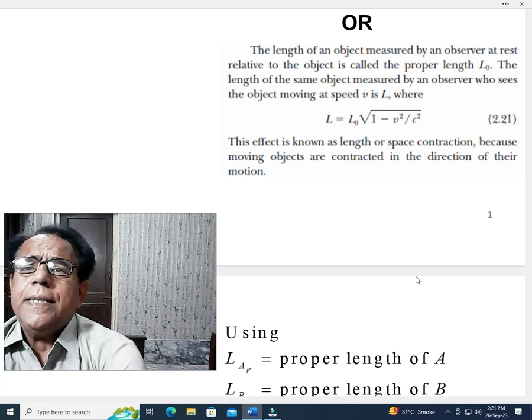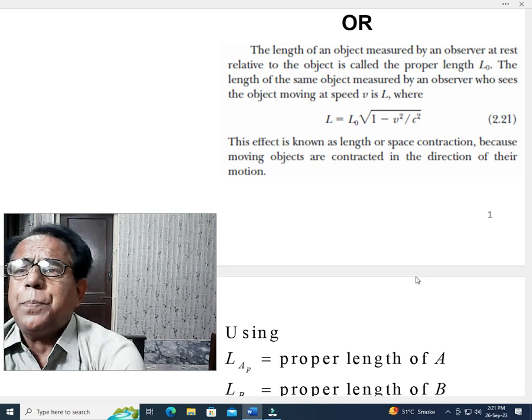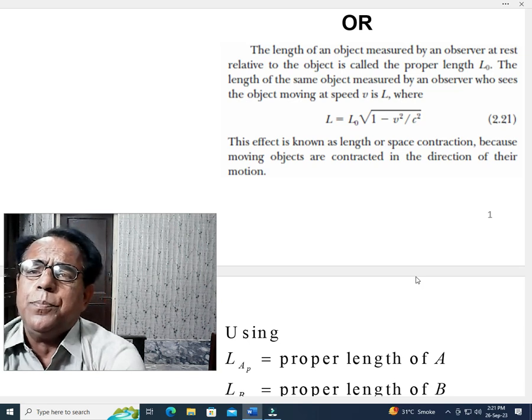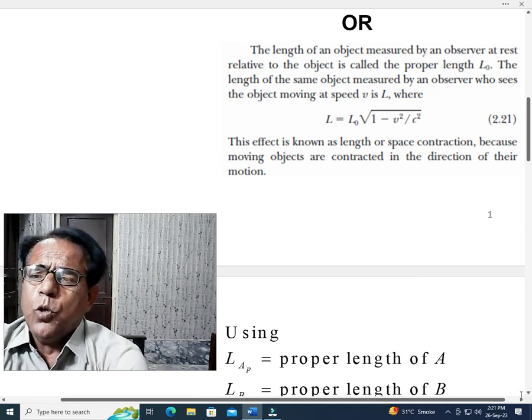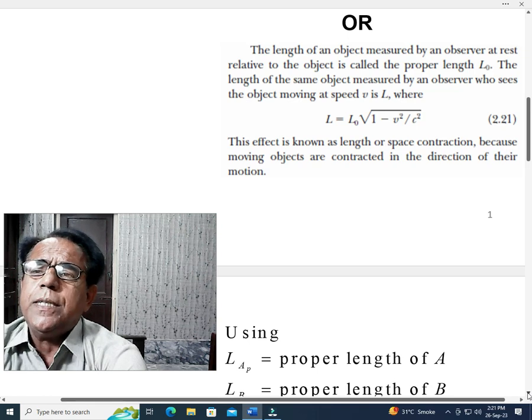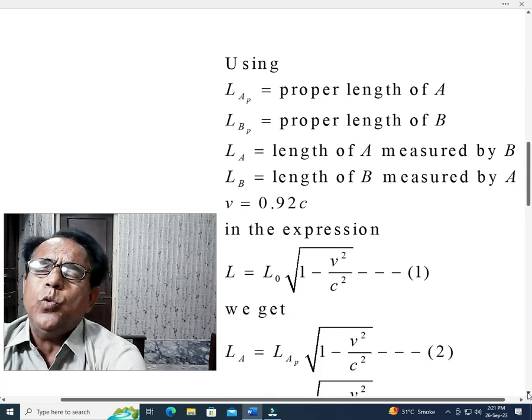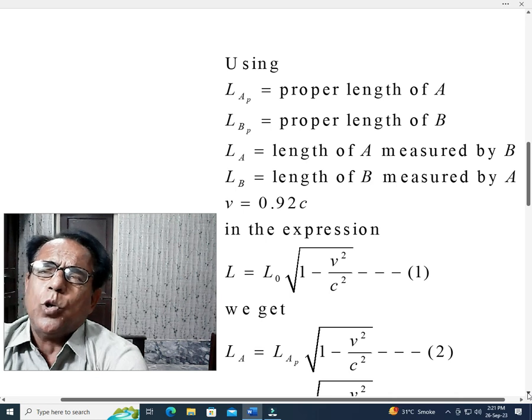This effect is known as length or space contraction because moving objects are contracted in the direction of their motion. Dear students, our solution is completely based on the philosophy conveyed by these two snapshots.